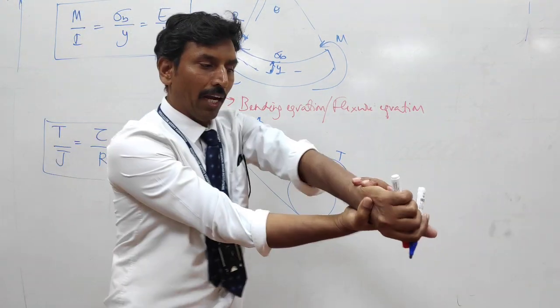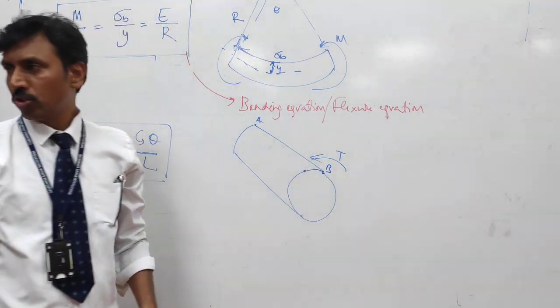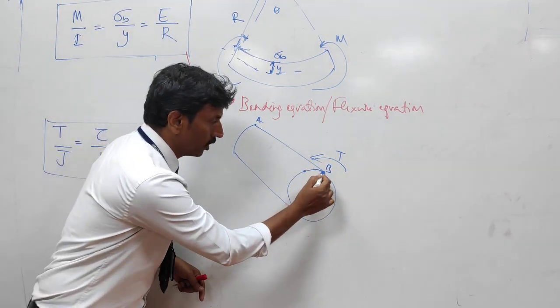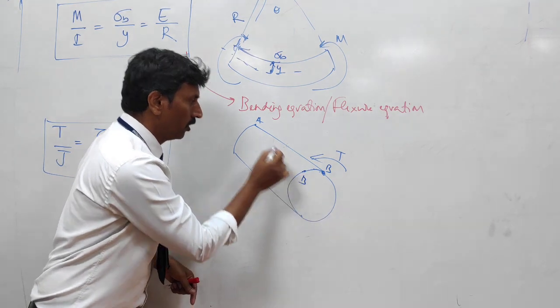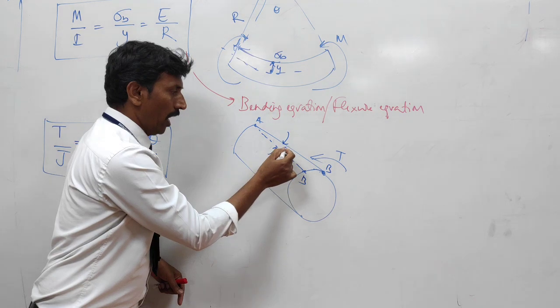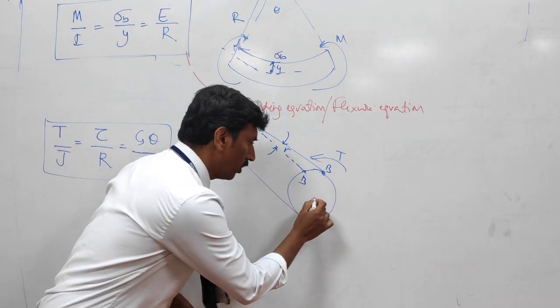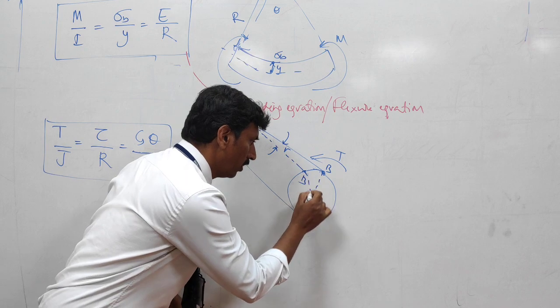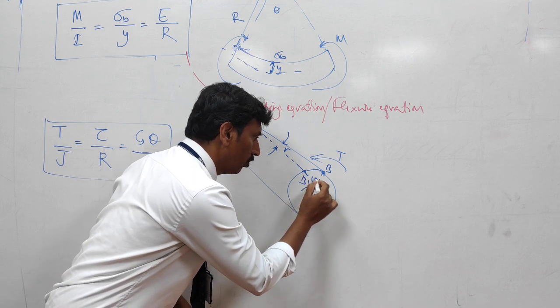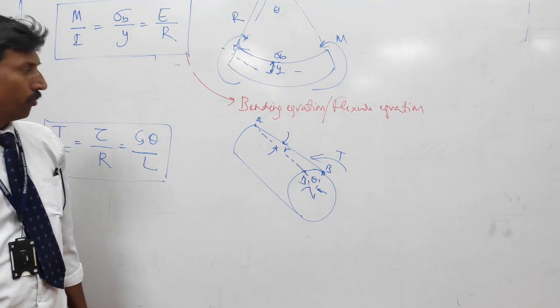If I twist my hand like this, we are trying to twist this shaft. The point B shifts from B to B dash. This angle is known as the shear strain. And the change in angle, you would call it theta, which is called the angle of twist, which you are seeing here.